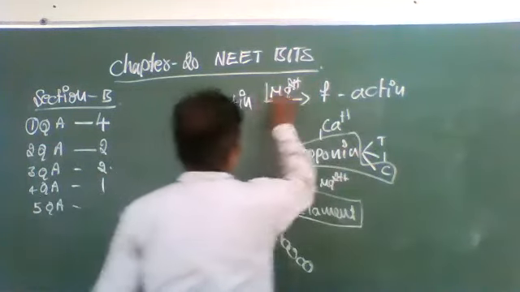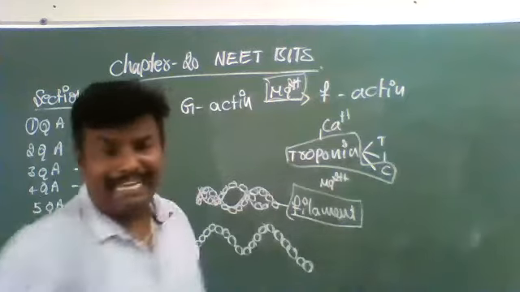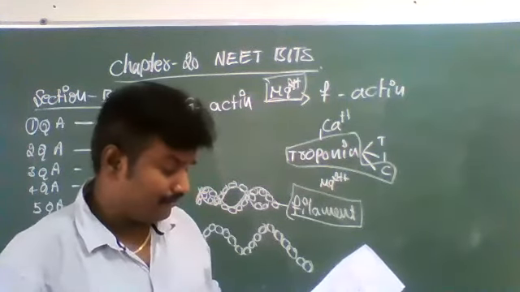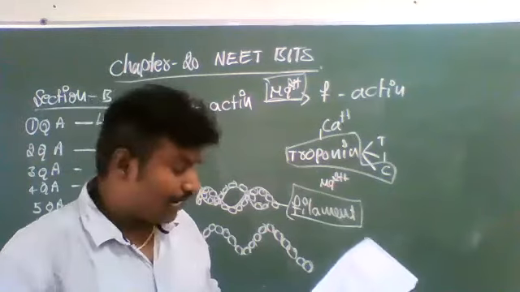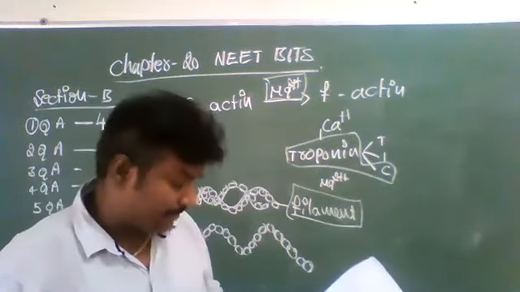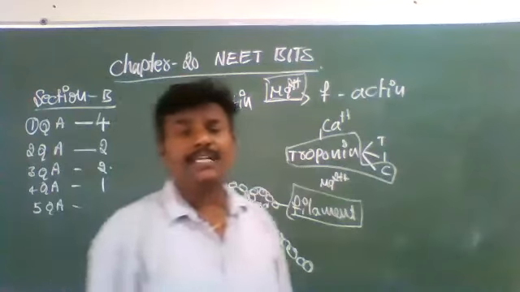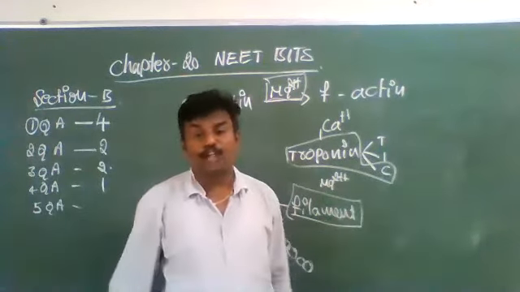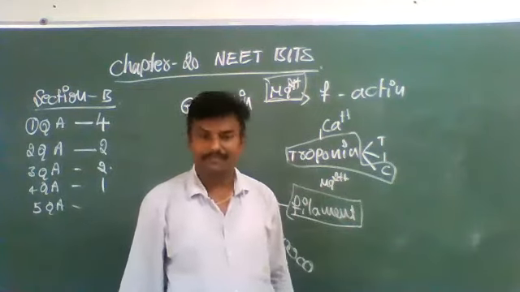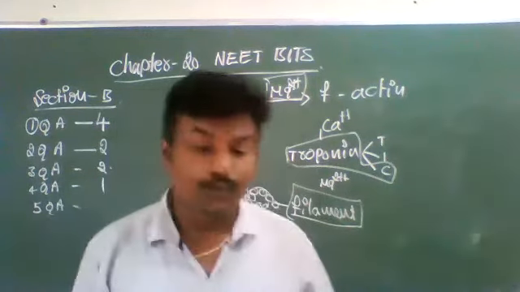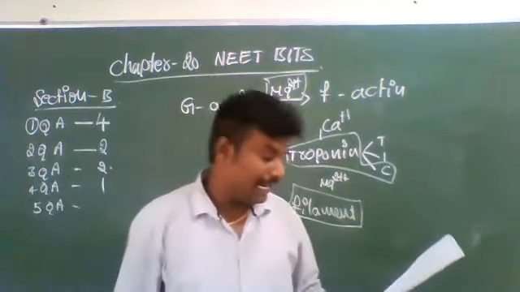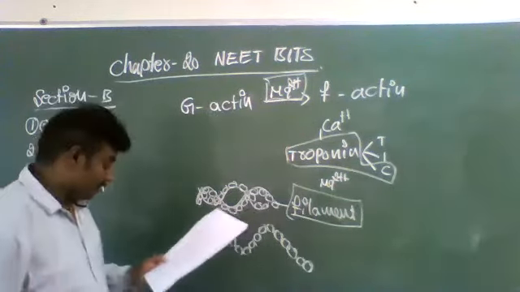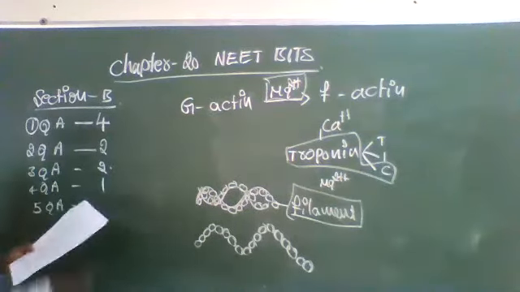If this magnesium ion is not there, G actin does not convert into filamentous actin. Therefore, option 2 is correct. About calcium ion, everybody knows that calcium ions bind to the troponin C of the troponin complex. So option 2, magnesium ion and calcium ion. Okay, fifth question, option 2.